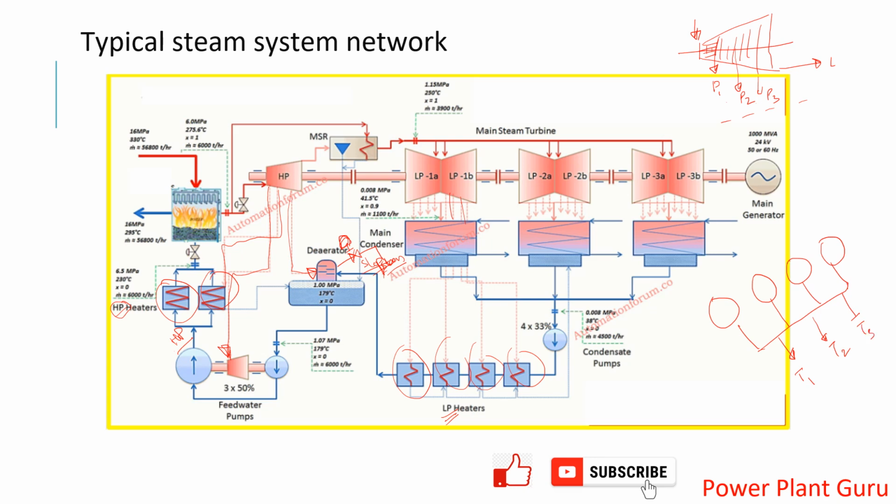So maybe I'm drawing a very simplistic diagram: B1, B2, B3, and B4. So here also there may be one steam line taken to create a PRDS or auxiliary steam.